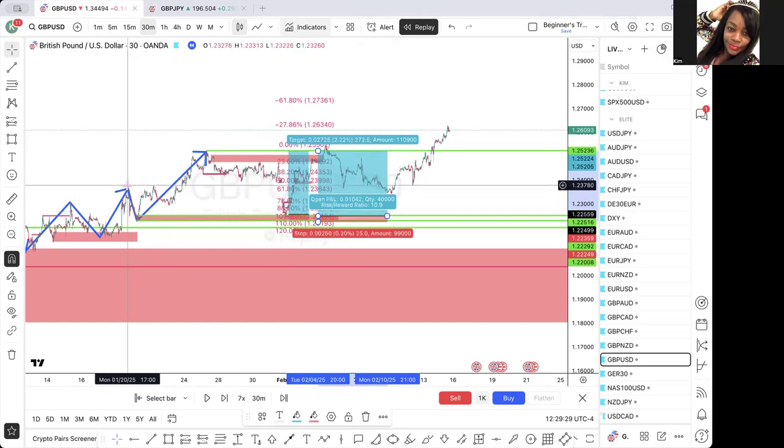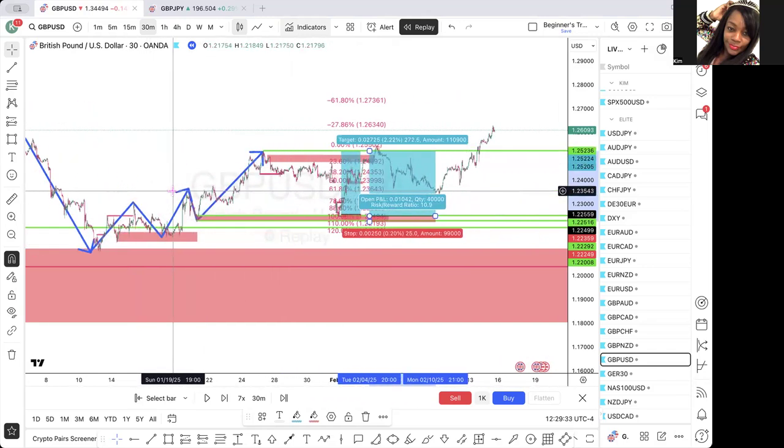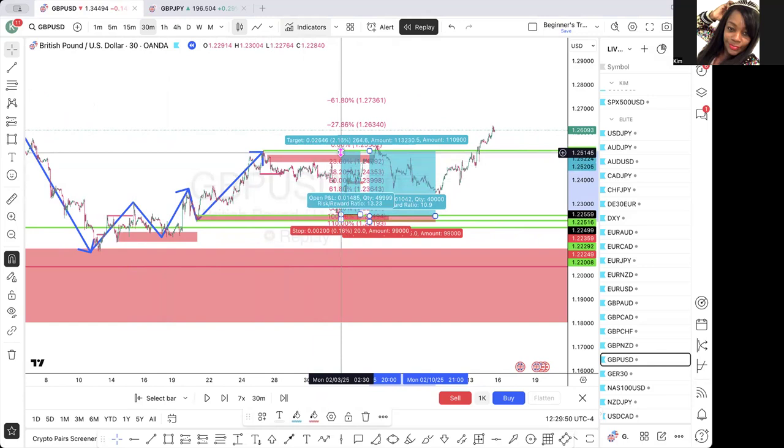If you know that this was the structure you marked up on your daily, once price got down there, you set an alert, and then you go down to that time frame. Yes, you can definitely trade from that time frame, and then know where your target is. You can definitely trade, but you have to know market structure.